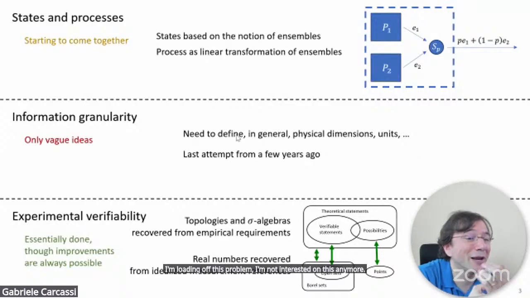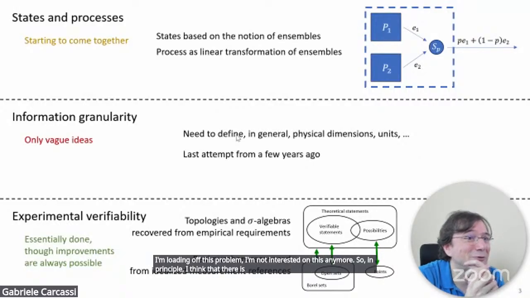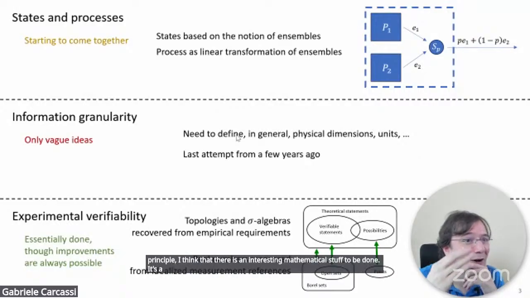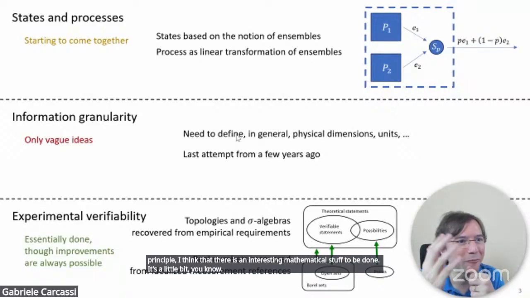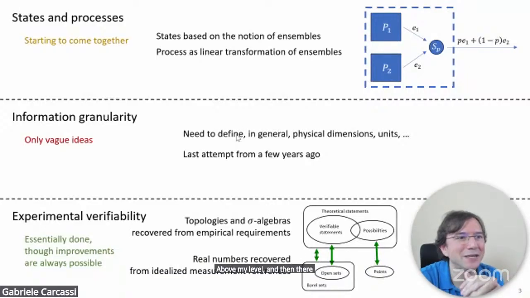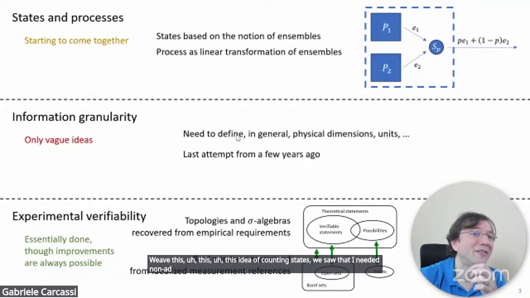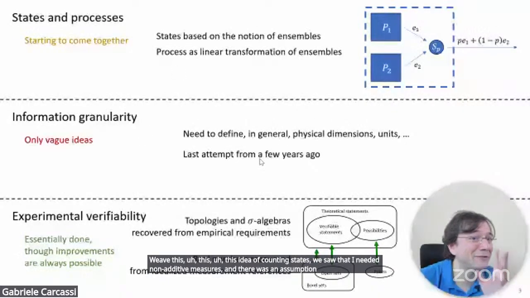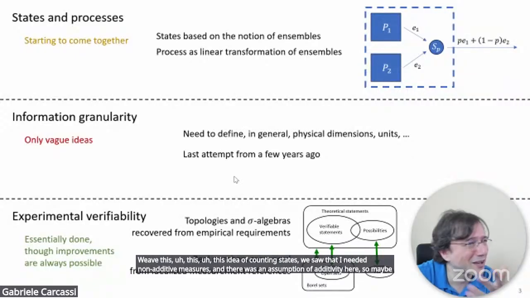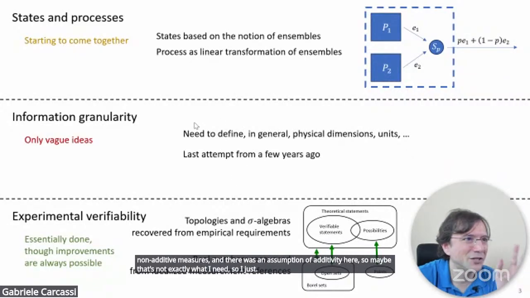So in principle, I think that there is interesting mathematical stuff to be done. It's a little bit above my level. And then there is also this issue that with this idea of counting states, we saw that I needed non-additive measures, and there was an assumption of additivity here. So maybe that's not exactly what I need. So I just shelved it.